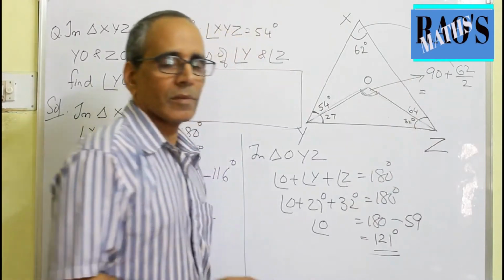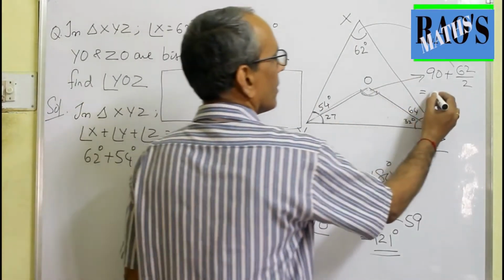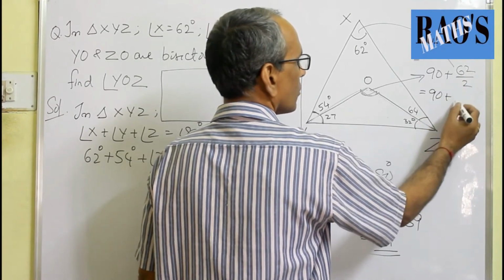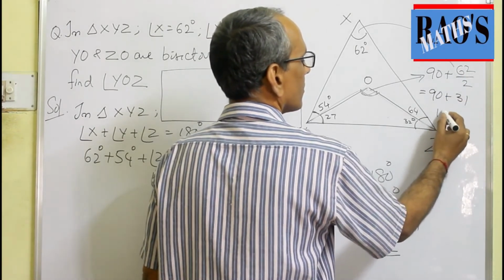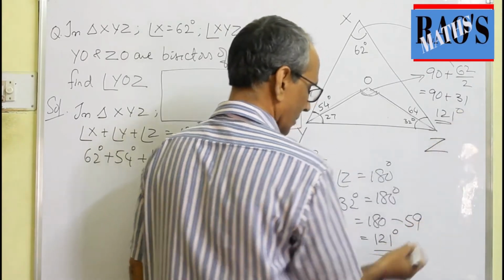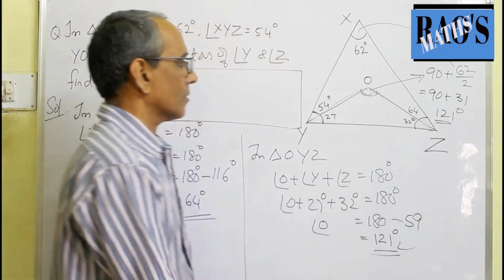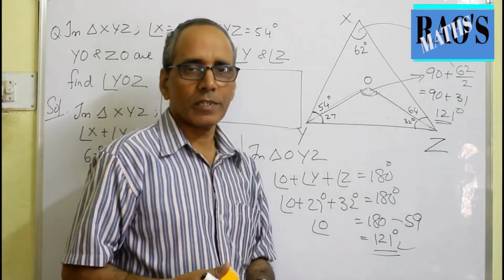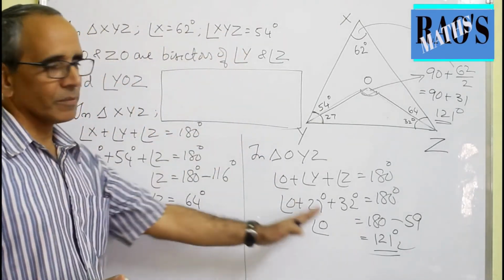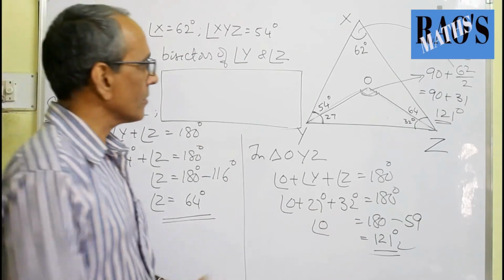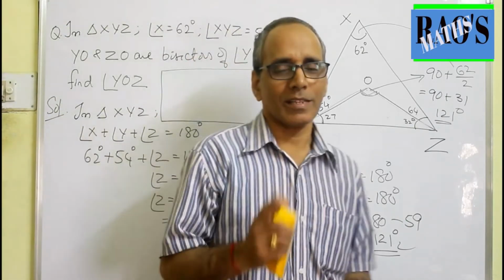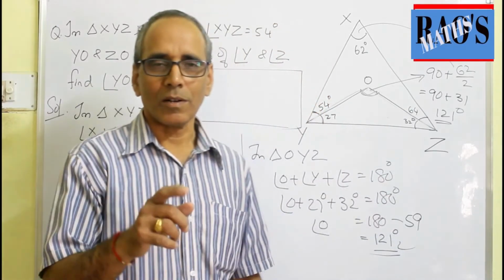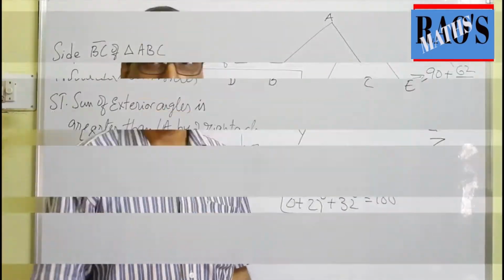That we learned. Here, this is 90 plus 62 by 2, that is 31, so 121. If they give this question in the descriptive part, show the full working, 4 steps. If the same question is given for 1 mark, recall the concept. The answer is 90 plus half the vertical angle.